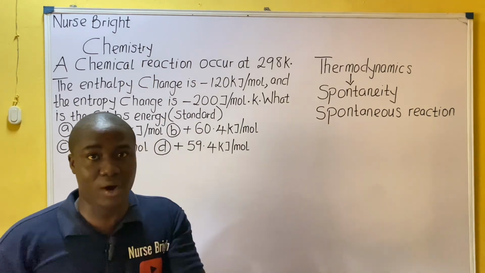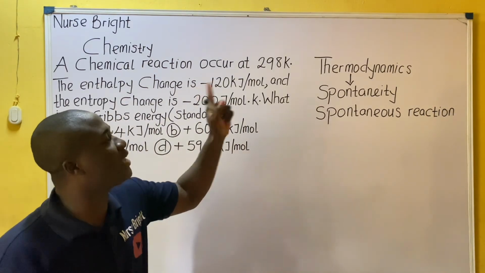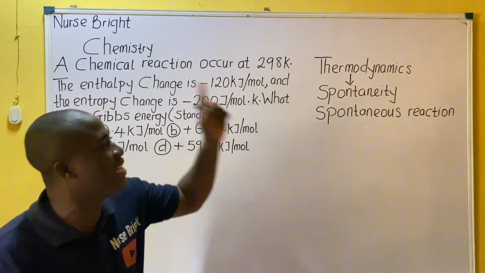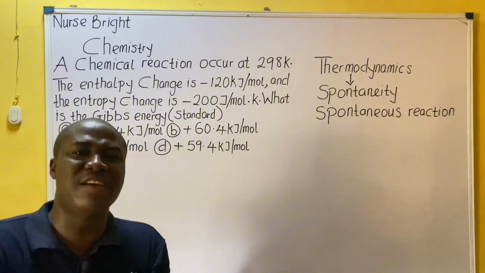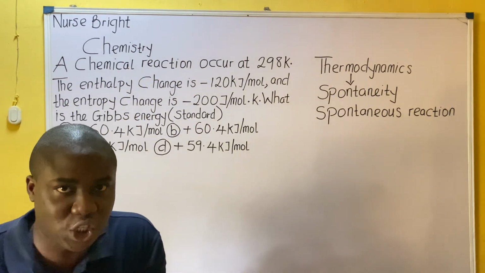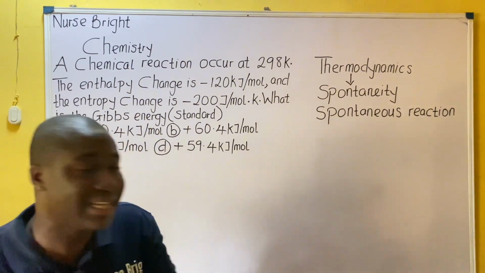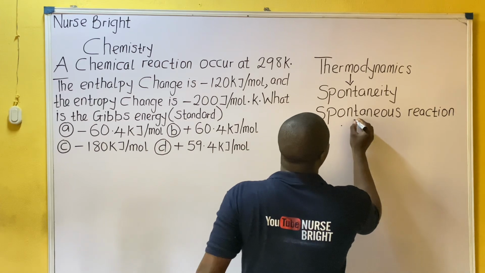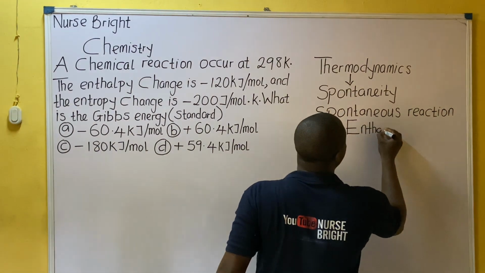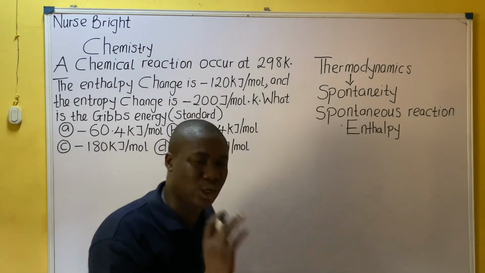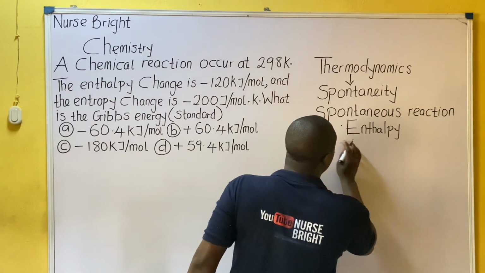Please listen very well. Now, in the topic thermodynamics, specifically spontaneity of a chemical reaction, these given sets of conditions are three. What did I say? They are three. The first one is called enthalpy, the next one is called entropy.